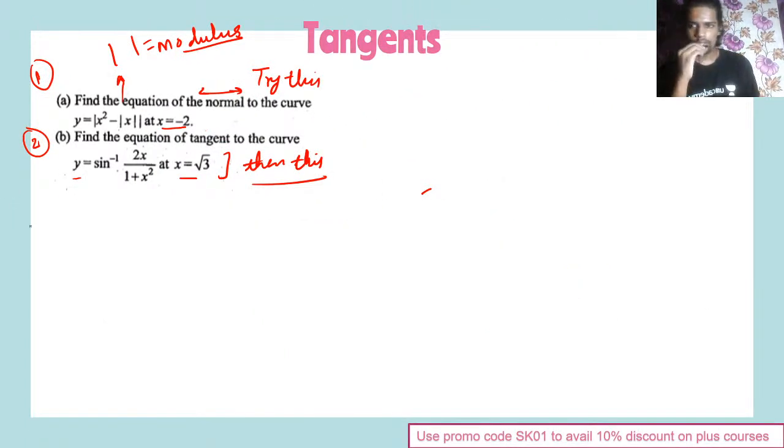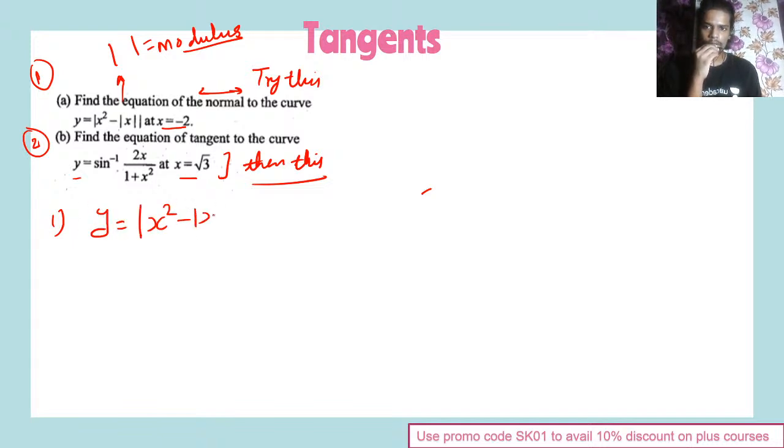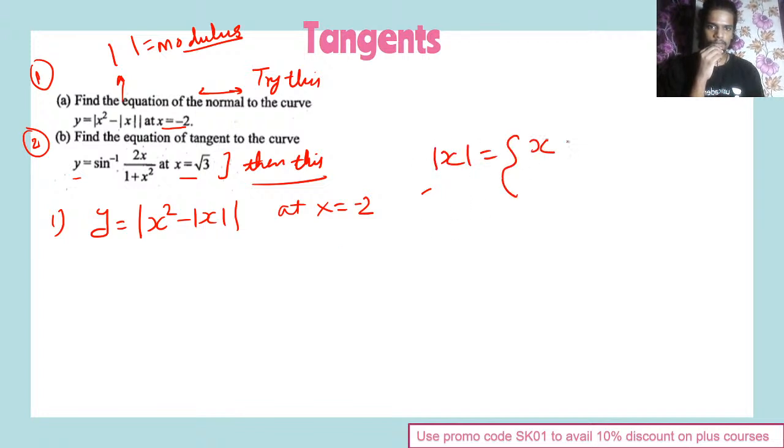So the first question is y equal to mod of x square minus mod of x, at x equal to minus 2. Now this is something you should know: a modulus function gives x when x is positive and minus x when x is negative. Basically, whatever you put inside the modulus function, a positive comes out.